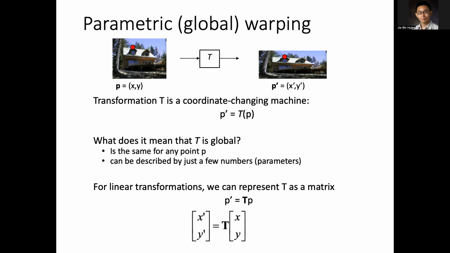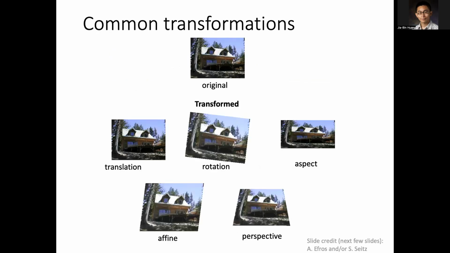These are common transformations. They look like this. Imagine that you have an image. You can translate, shift the image, rotate it, or change the aspect ratio, and there are also affine and perspective transformations. You have multiple different ways of doing transformation.